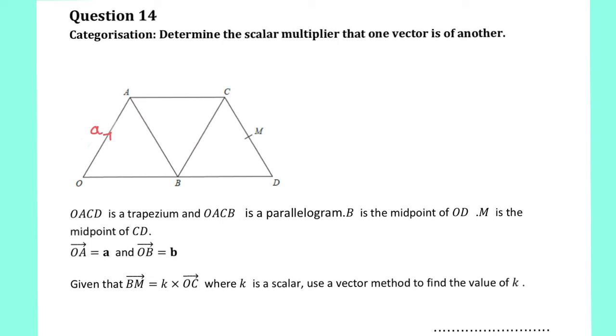OB is equal to b. Now let's put in all the vectors that are equal to a. Well, BC is equal to a. AC is equal to b. BD is equal to b.